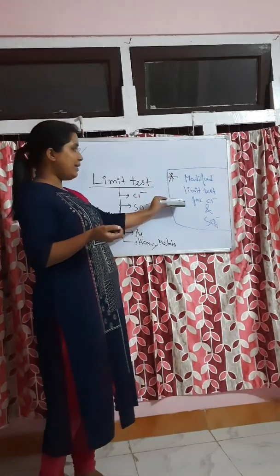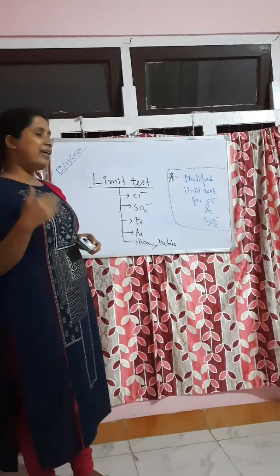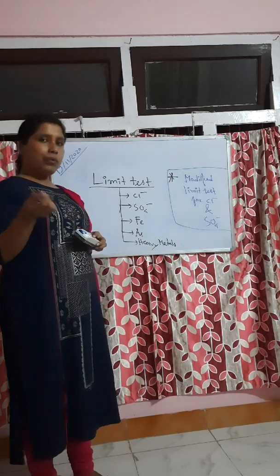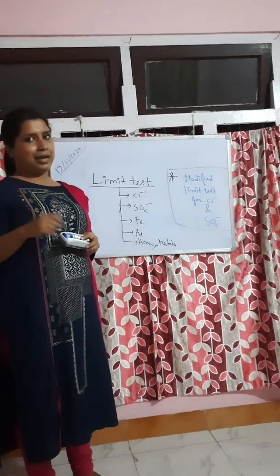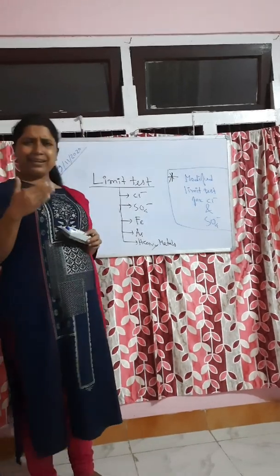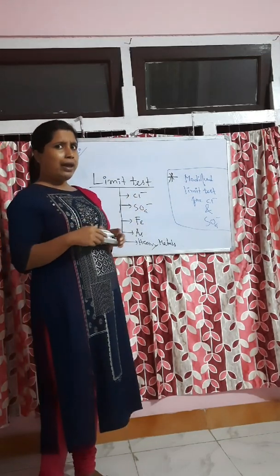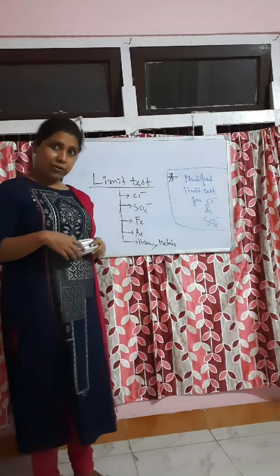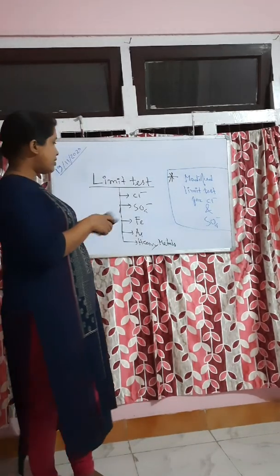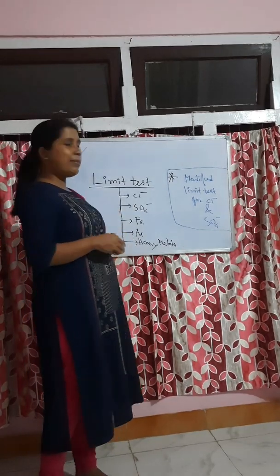In the modified limit test, before doing the chloride and sulfate limit test, we have to treat the material with some other chemicals to make the process easier. Mainly the important topic of this chapter is the limit test for chloride, sulfate, iron, arsenic and heavy metals.